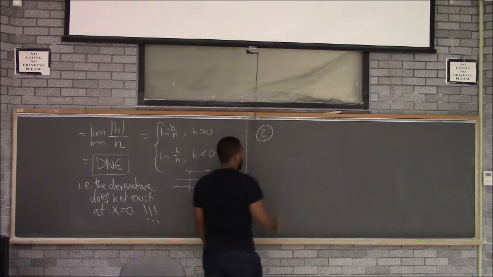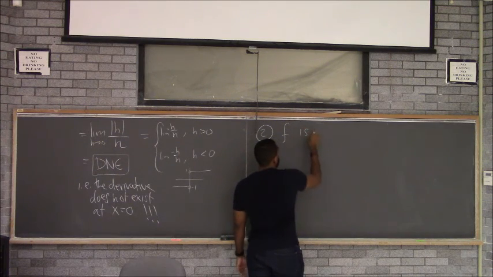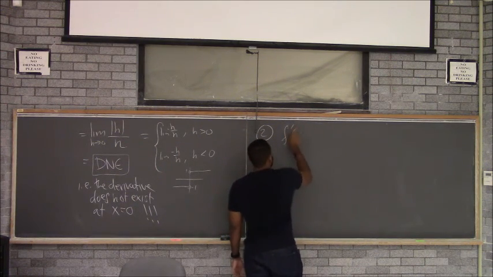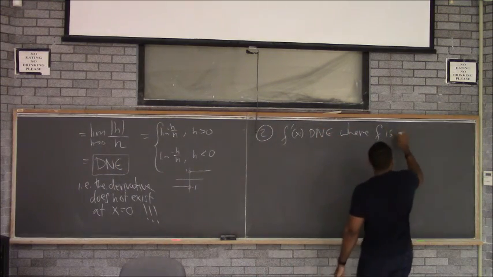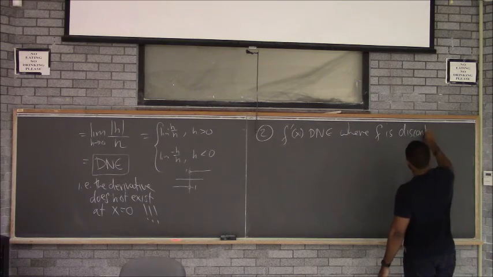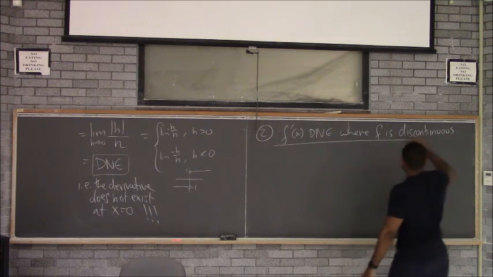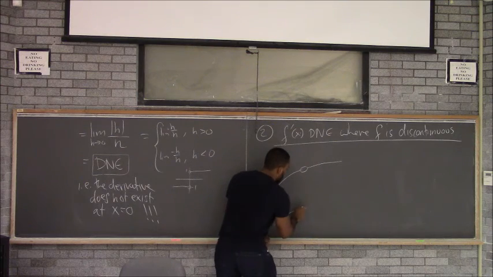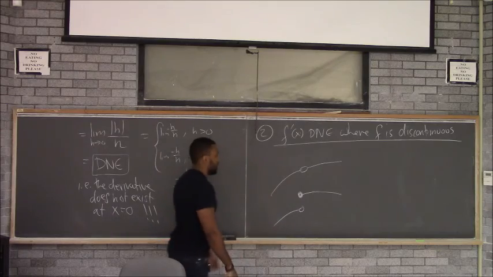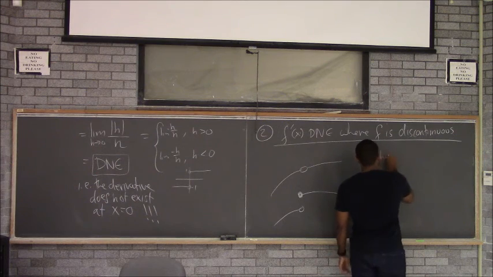The second place where the derivative is not going to work out: f prime does not exist where f is discontinuous. Again, if you have a hole or a jump or something like that, we can't draw a tangent line at these points because the point doesn't even exist.